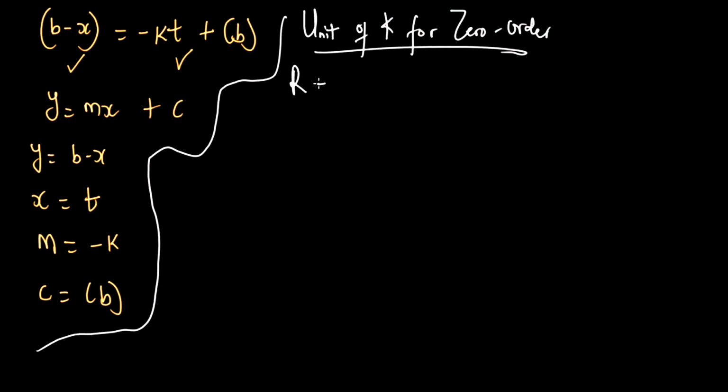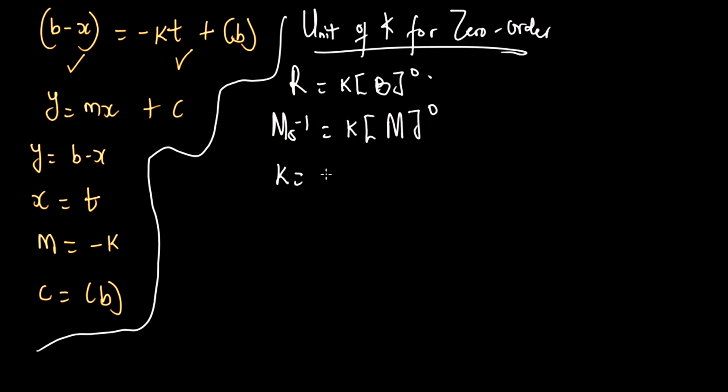Recall that the rate for a zero order reaction is the same thing as k, and the unit of rate is molar per second. So k equals this raised to power 0, and anything raised to power 0 is 1. So the unit of k is molar per second, which is also mol dm cube s minus 1. That's the unit for a zero order reaction.